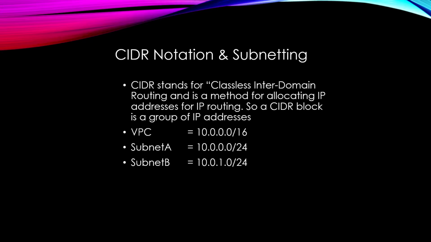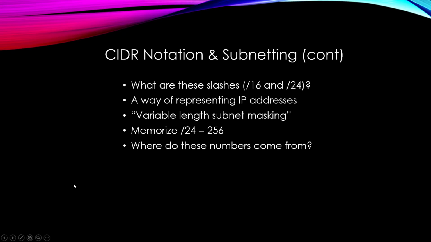And then you have a subnet, maybe a subnet A and a subnet B, and they've also got an IP address and some slash number after it, and it might not make a whole lot of sense what's going on here. So let's break this down. What are these slashes, /16, /24? Well, it's a way of representing IP addresses.